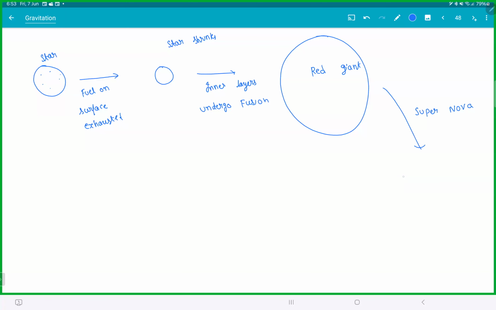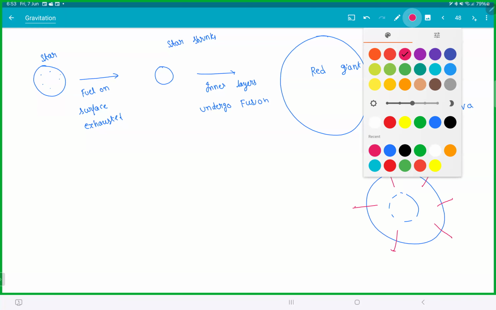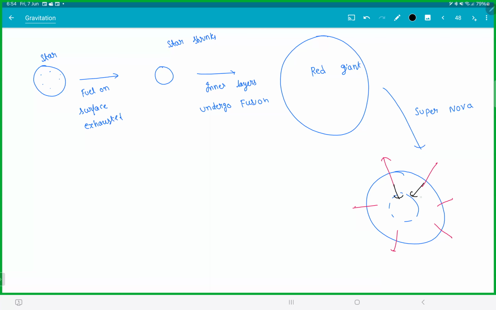And when the star explodes, the explosion happens two ways. Some of the material flies off. This is what we call explosion. But some of the material gets pushed inside. We call this implosion. And this force is so strong that the higher elements like iron and all, any element more than iron should not exist in nature.